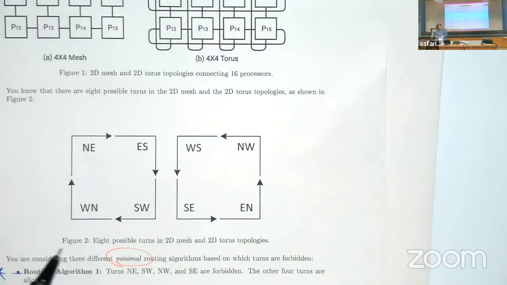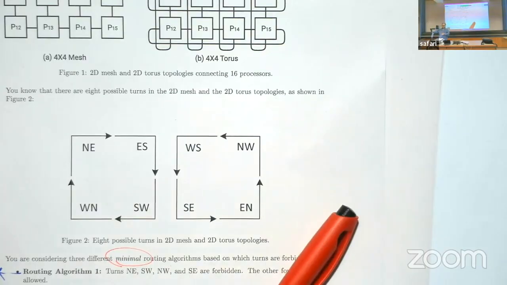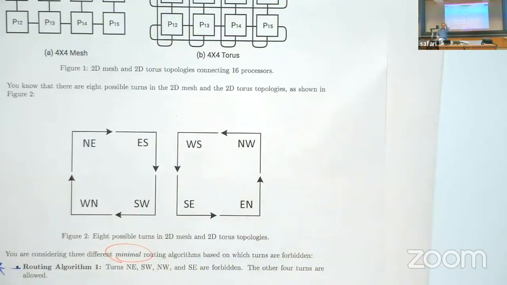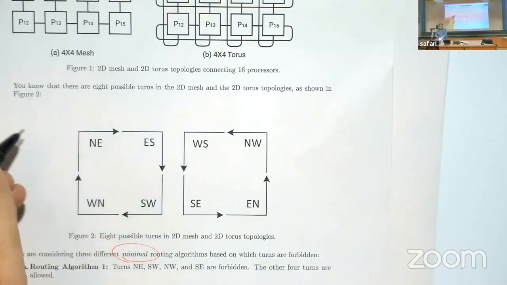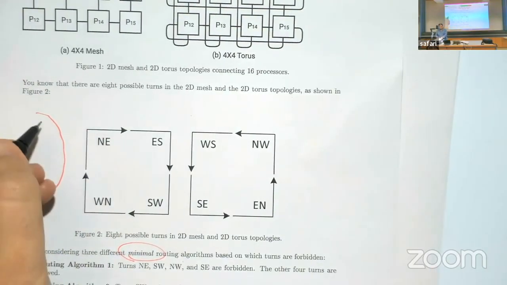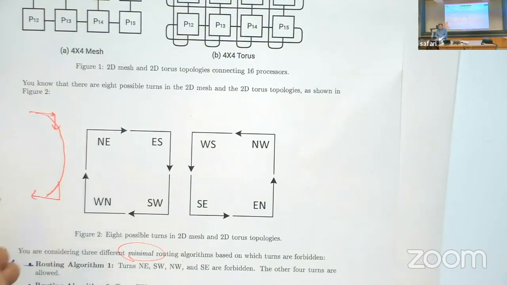So there should be a rightmost edge of this circle. At some point, you should have a turn from west to south and south to east, because of the rightmost edge, there should be some turn like this.